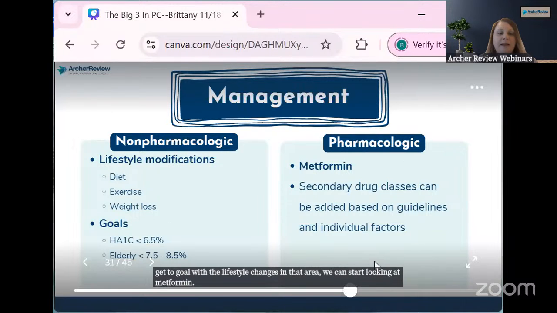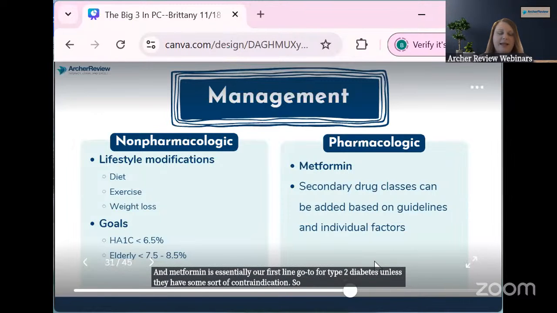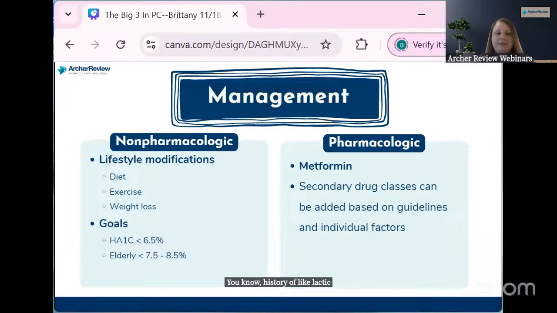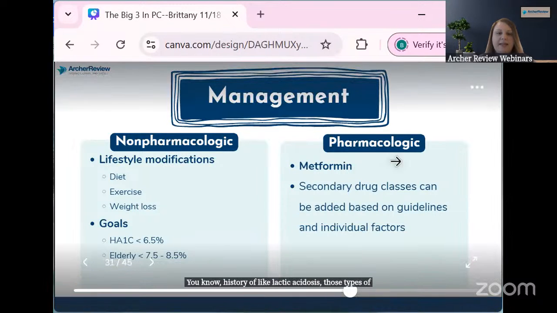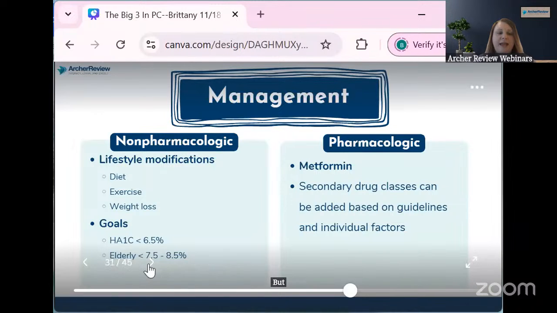And metformin is essentially our first line go-to for type 2 diabetes unless they have some sort of contraindication. So I want you to think about things like more advanced kidney disease, history of lactic acidosis, those types of things. If they can't take the metformin, there are some other options, but metformin is usually our first line agent. It's cheap, it's readily available.